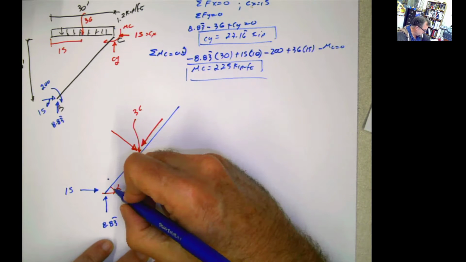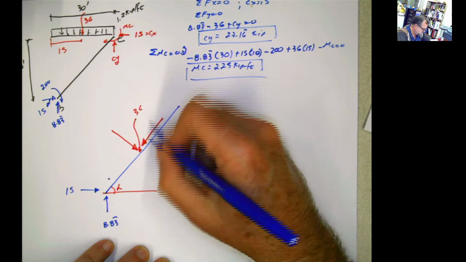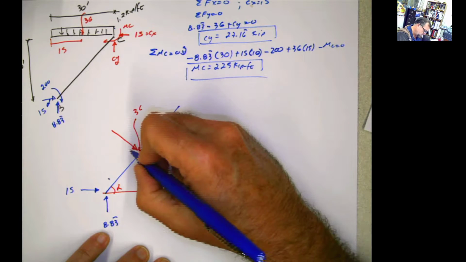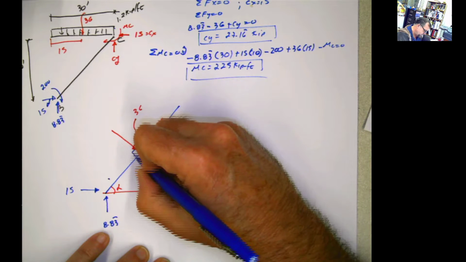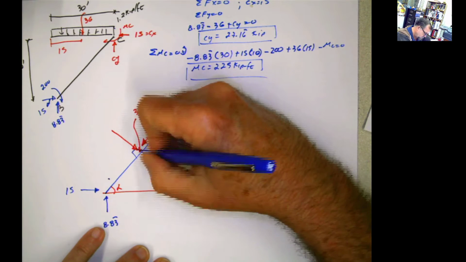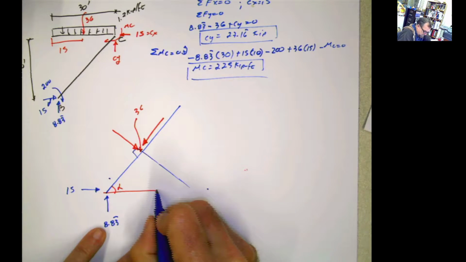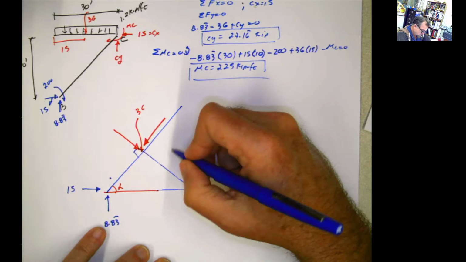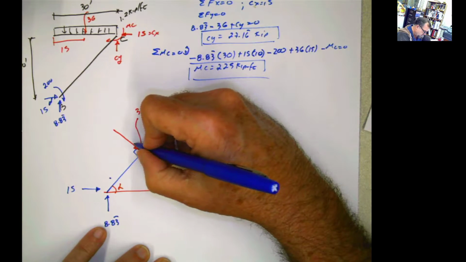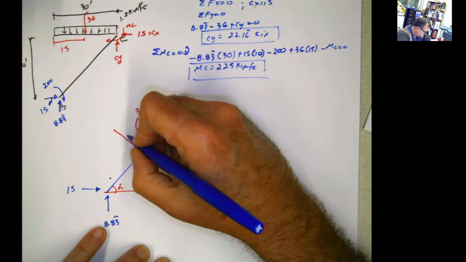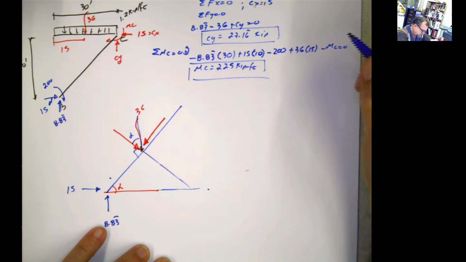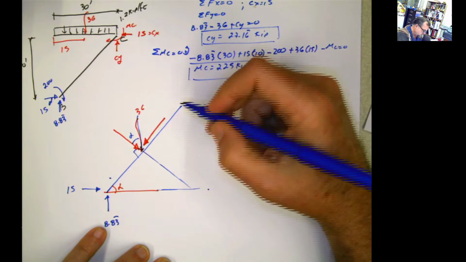So if this angle is alpha, let's study what happened here. If this is alpha, this is 90 degrees, right? So this is going to be 90 minus alpha, meaning this angle here is going to be alpha again. Oh, I don't see that.